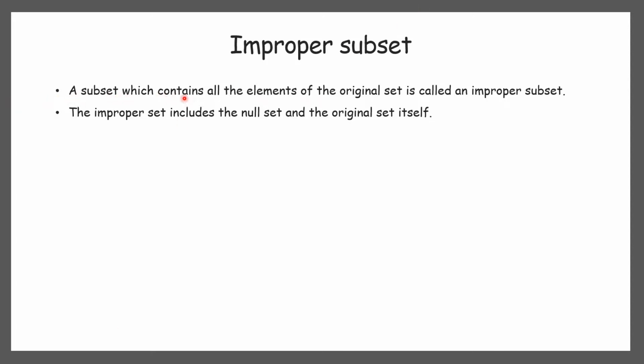What is an improper subset? A subset which contains all the elements of the original set is called an improper subset. The improper subset includes the null set and the original set itself. Let's say there is a set A which is 1, 2 and 3. So what will be the improper subset of this set?